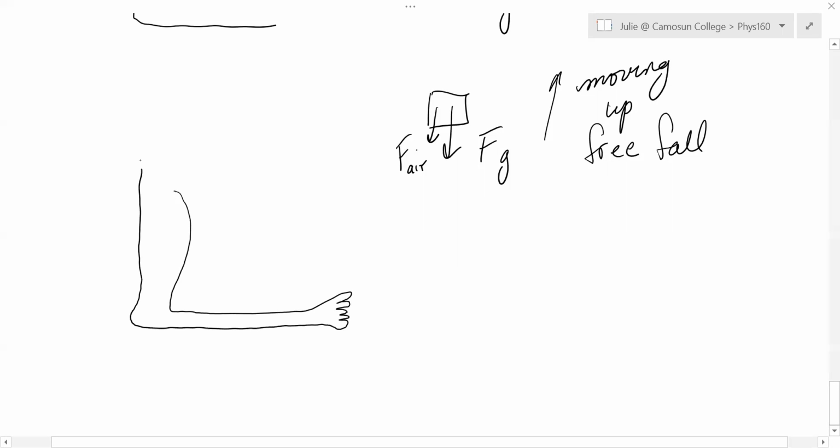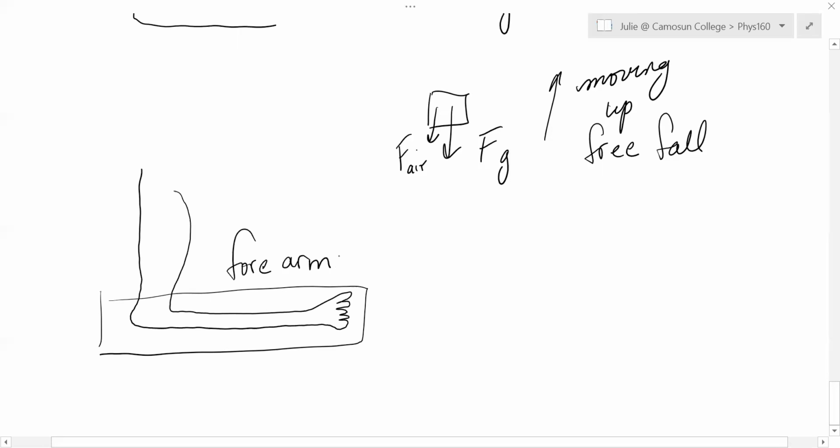This is supposed to be your arm. Okay, now what is the free body here and what are the forces? The free body is going to be, we're going to reduce it to a bar, just the forearm itself. Okay, so the forearm is what we're interested in, and it becomes a bar.